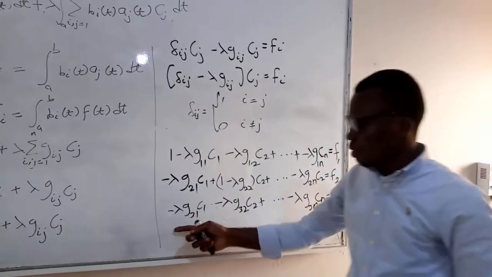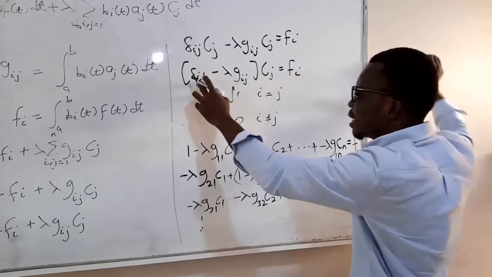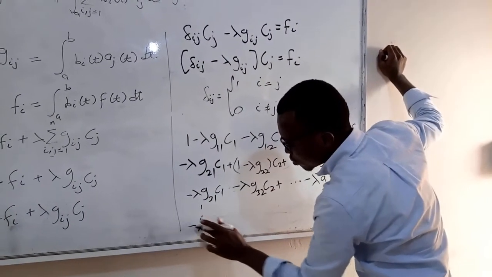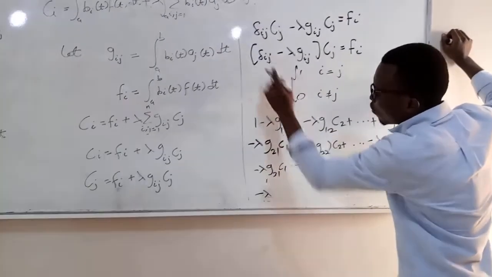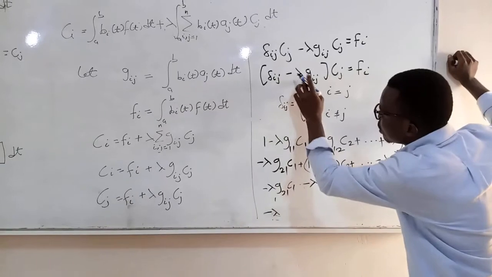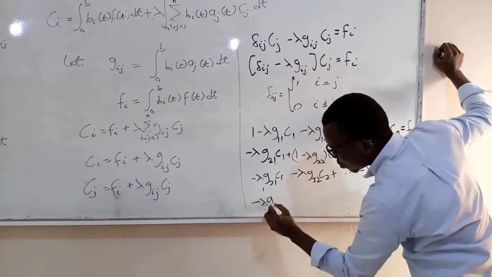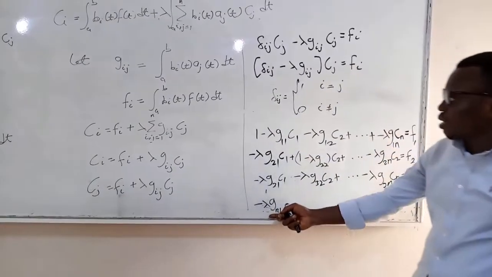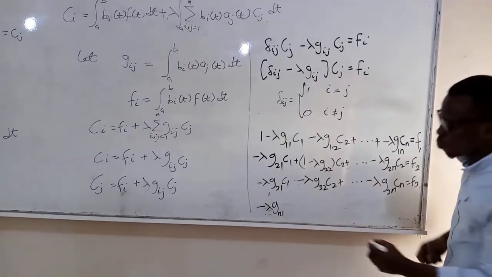So if we do it up to the nth term, we're going to see that when i is n, we're going to have minus lambda j n1, that means when i is n, I'm going to have n1, then c1 here.